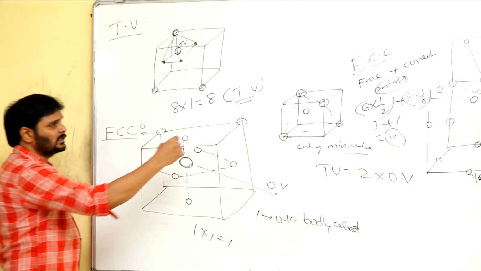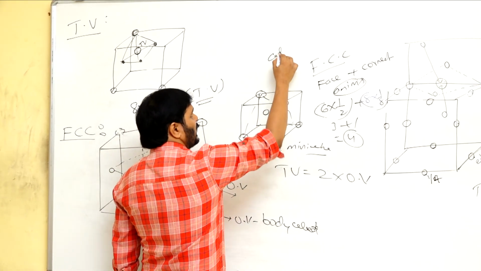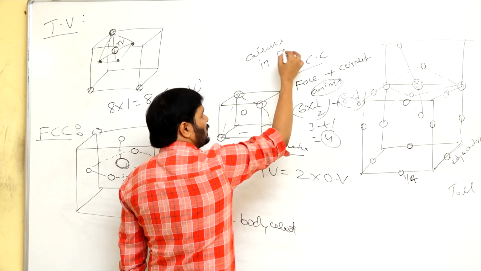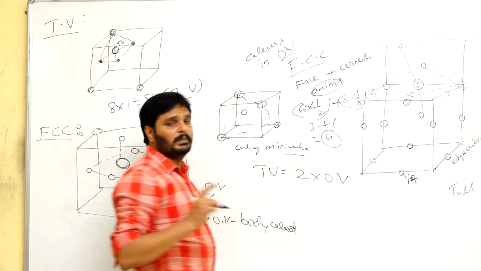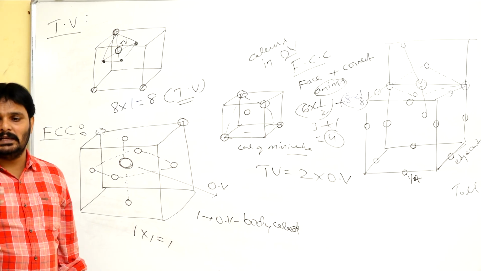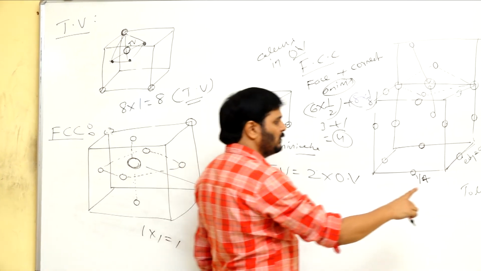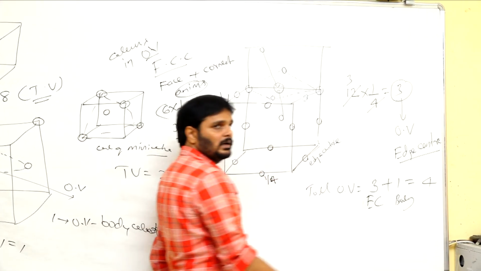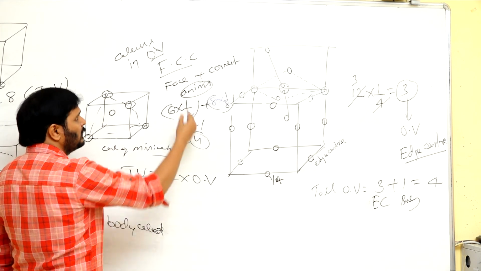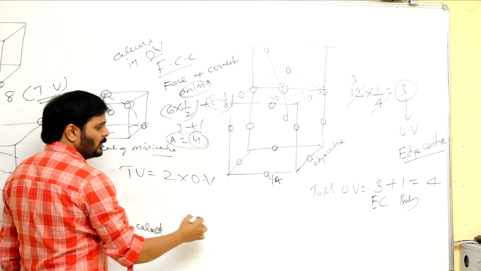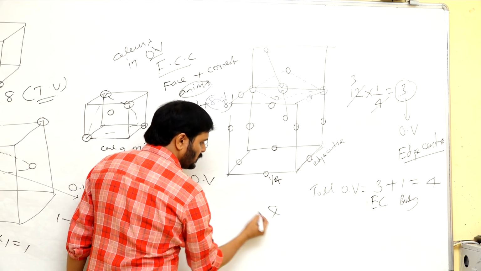In the FCC structure, cations go to octahedral voids because their size exactly fits into the octahedral void. So how many octahedral voids in total? We have 4 octahedral voids, and hence the number of cations equals 4.